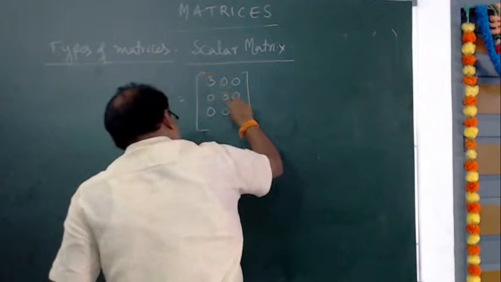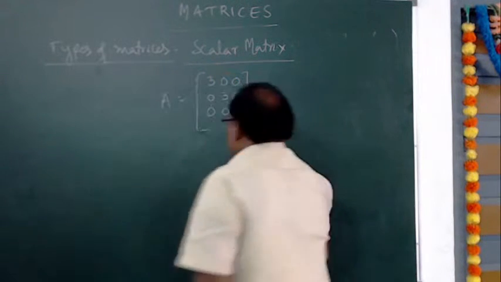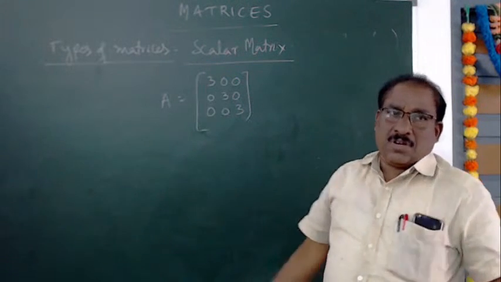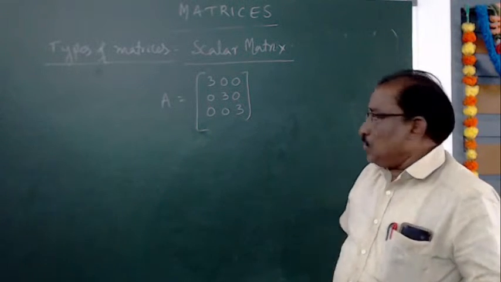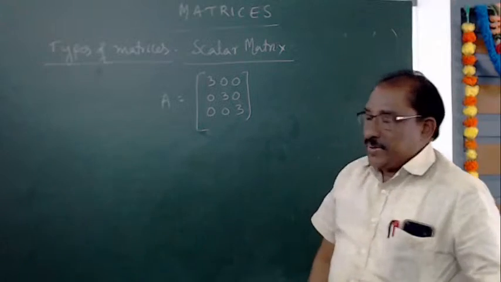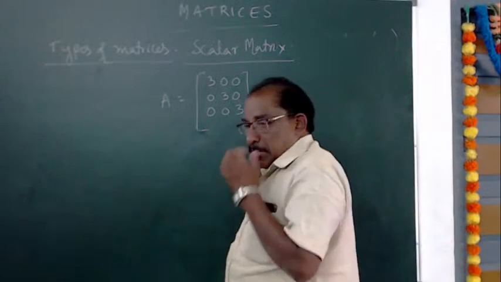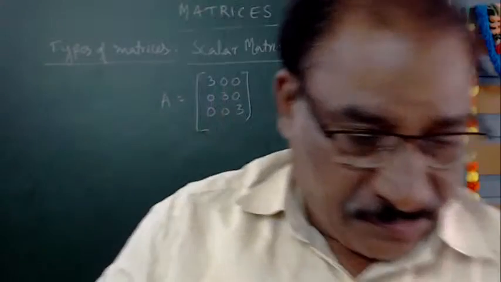Here the diagonal elements are all equal, 3, 3, 3, and the non-diagonal elements are equal to 0. Then it is called the scalar matrix.